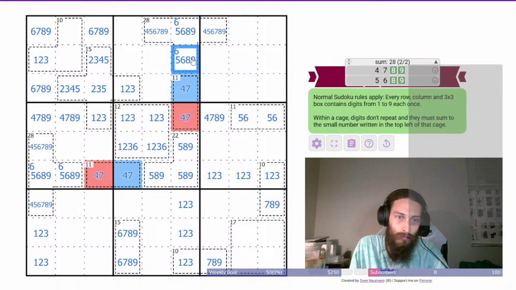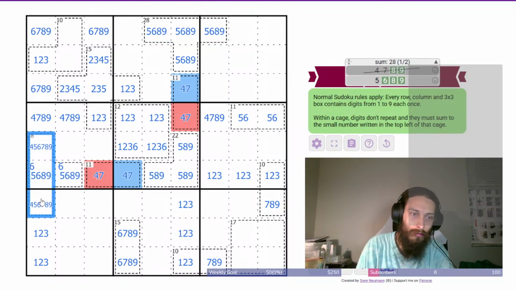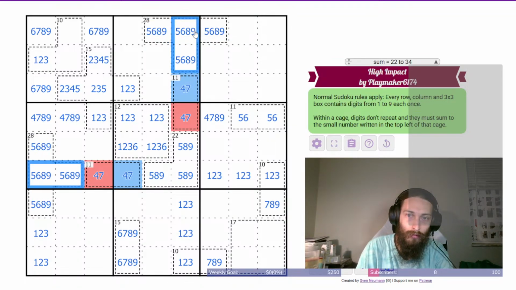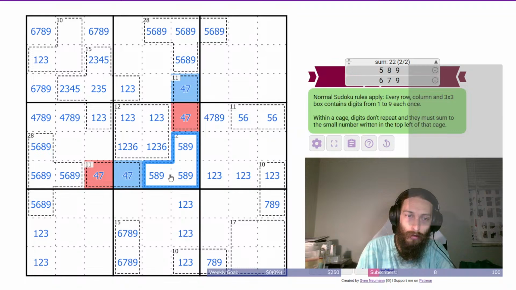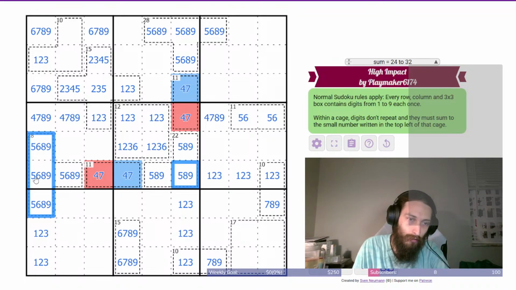Well, since you can only have one 6 in the cage, and it has to be 5, 4 and 7 is ruled out. I have to have the 6. I couldn't put it in here, and it worked with those. And now this digit has to be in here and has to be in here.